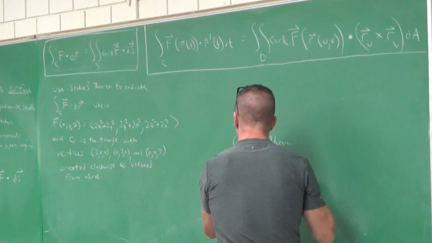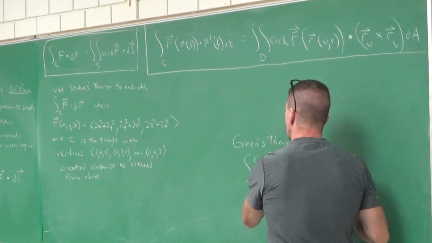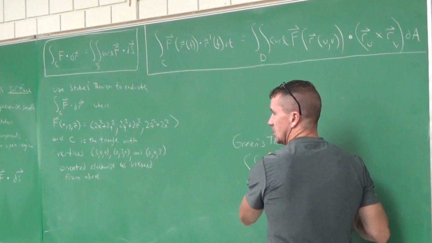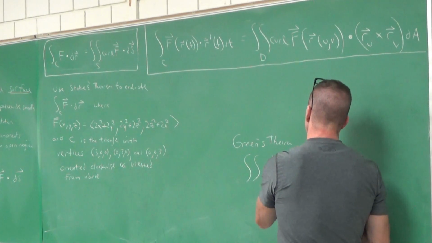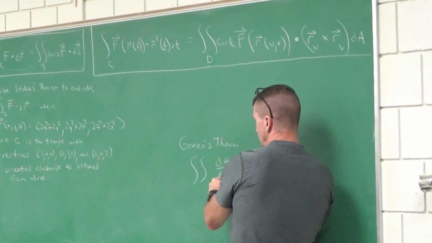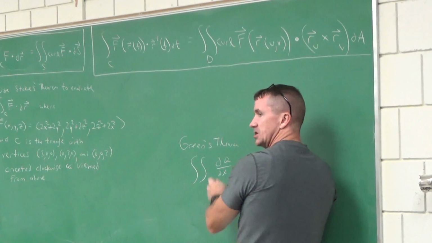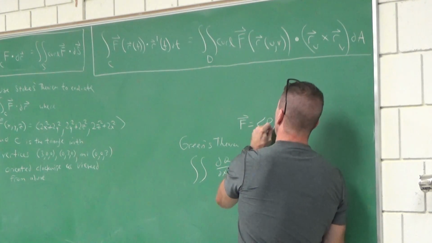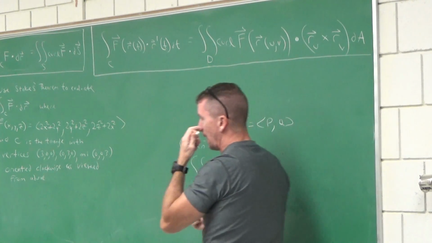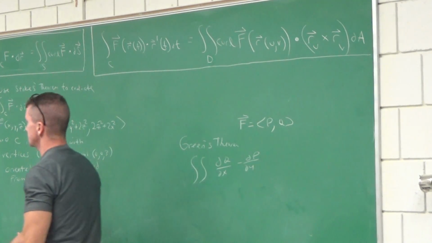It was for, like we just did, P and Q: the derivative of Q with respect to x minus the derivative of P with respect to y. This was only for a vector field with these two components.